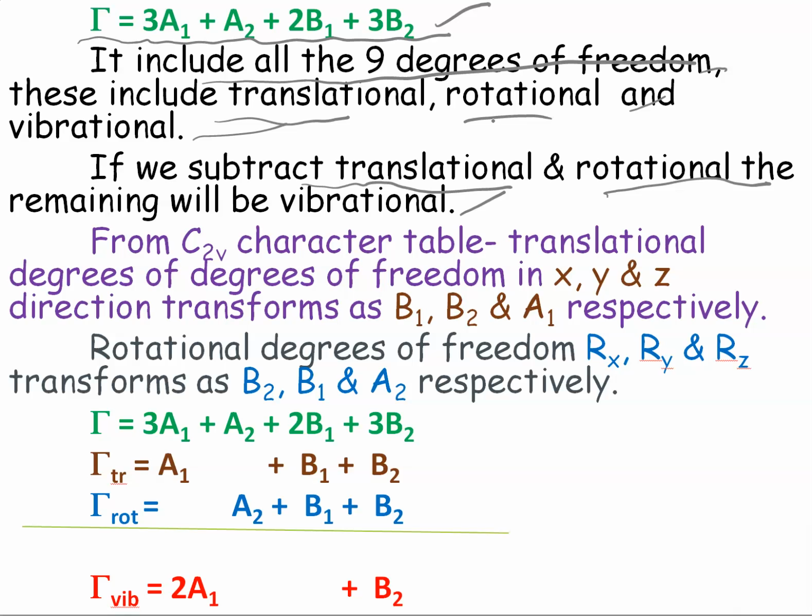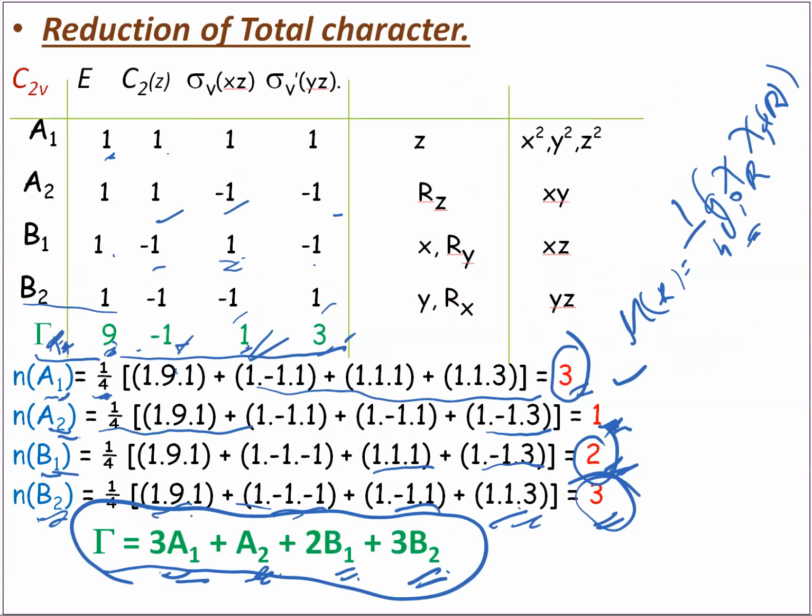From the C2v character table, translational degrees of freedom in the X, Y, Z directions transform as B1, B2, A1. Look at the character table: X transforms as B1, Y transforms as B2, Z transforms as A1.